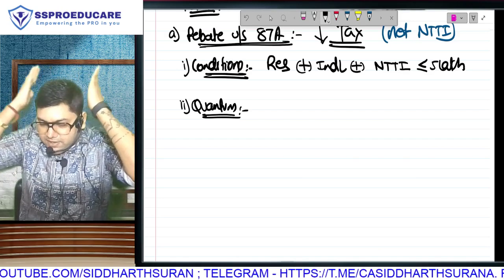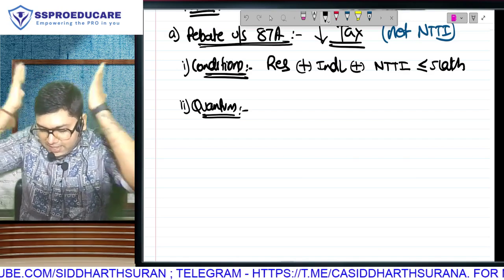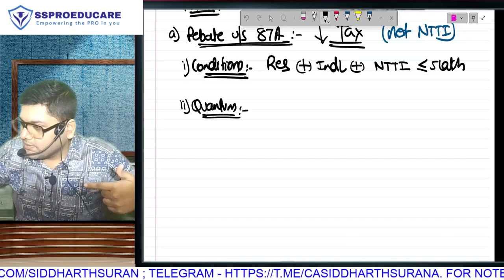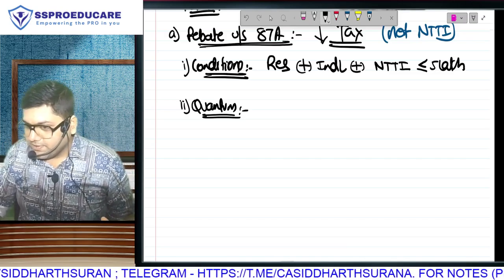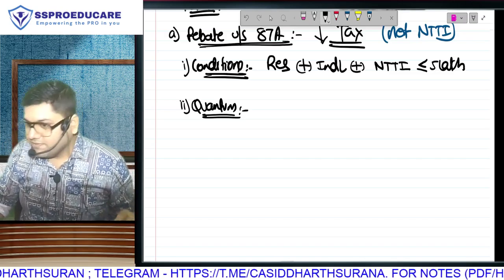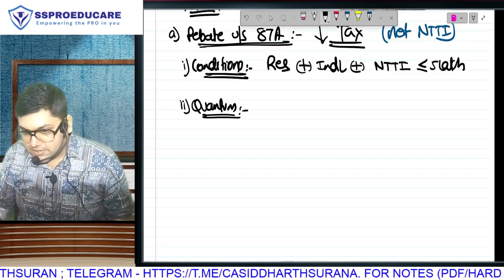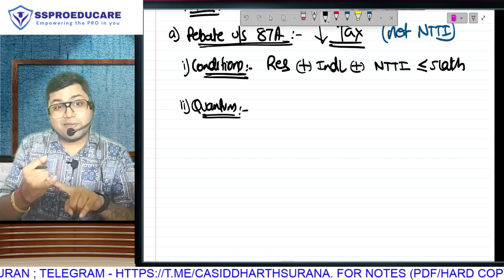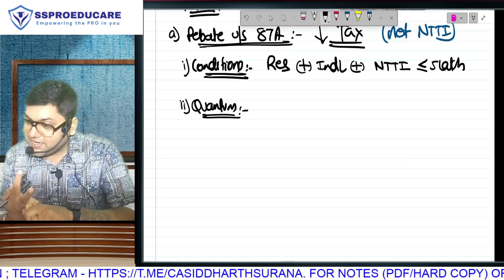People have the habit of saying less than 5 lakh, which will be very, very dangerous. Why? Because no rebate on 6 lakh and rebate on 4 lakh is very easy.